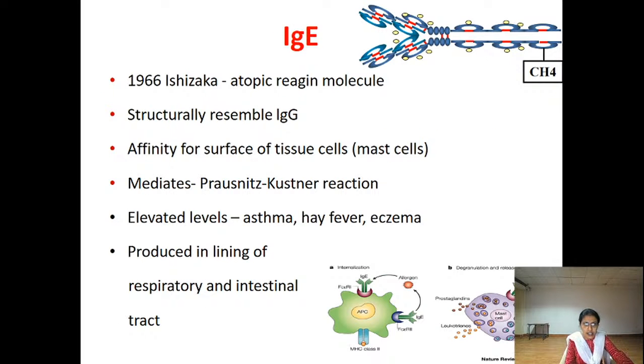Coming to IgE. Again, the structure of IgE is similar to that of IgG. It has very high affinity for the surface of tissue cells like mast cells. It mediates the PK reaction, that is Prausnitz-Kustner reaction. And very high or elevated levels of IgE are seen in asthma, hay fever and eczema. These IgE are produced in the lining of the respiratory and also intestinal tract.